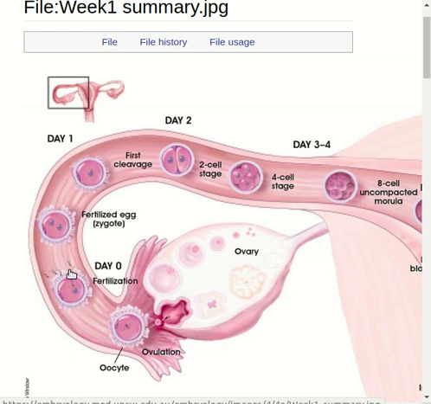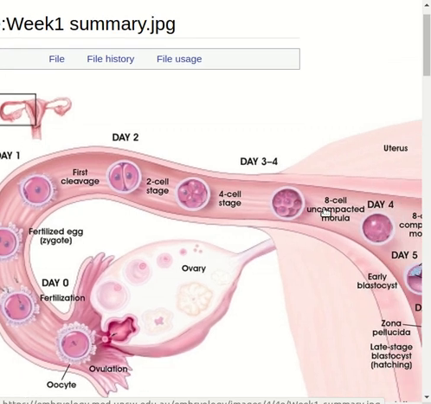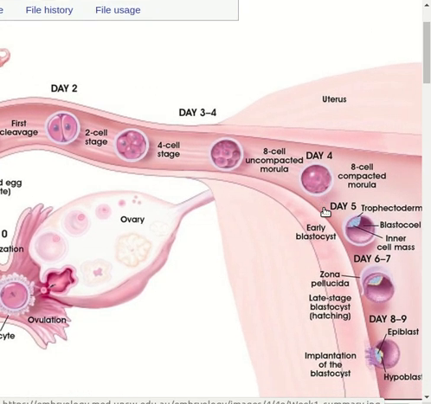Cell division then leads to a ball of cells, which is then called the morula. Further cell division and the formation of a cavity in the ball of cells forms then the blastocyst. As you can see, there is a cavity. And it's moving along the fallopian tube into the uterus for implantation into the uterine wall.